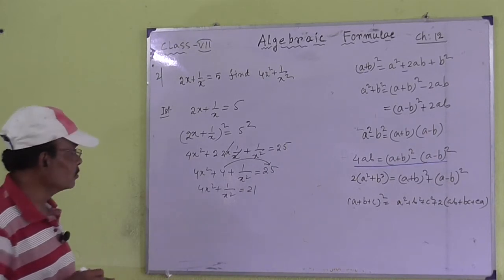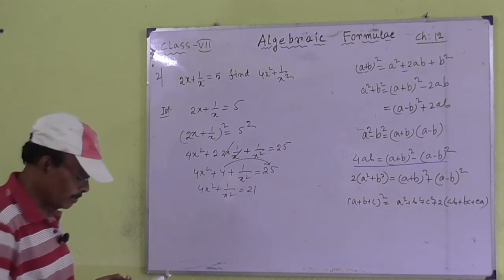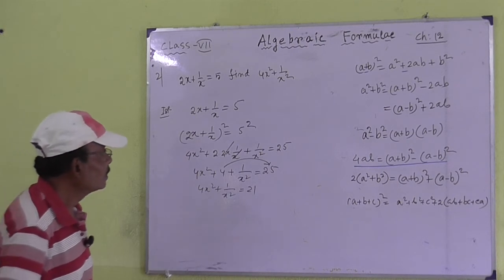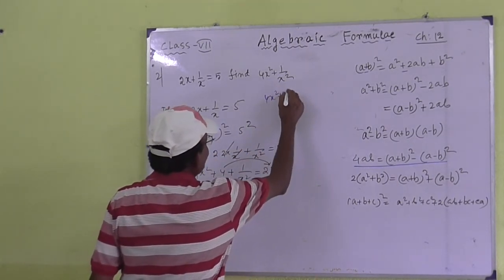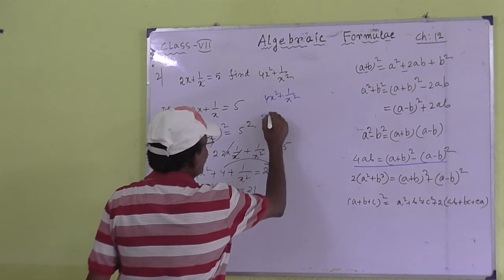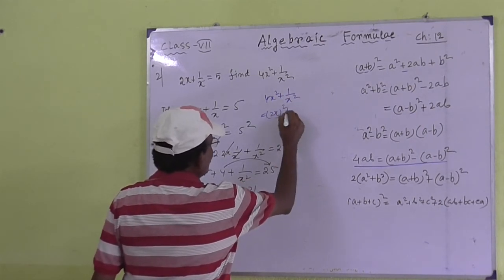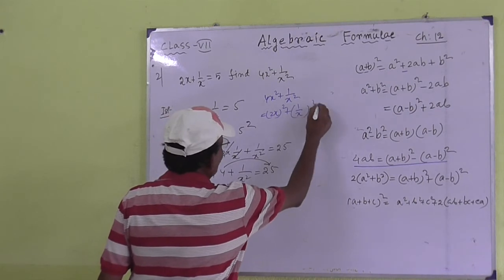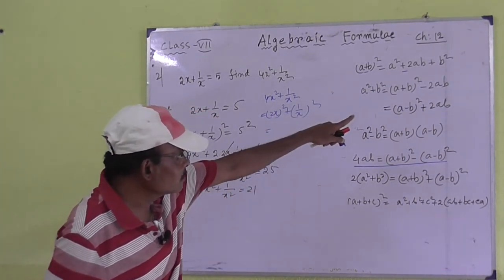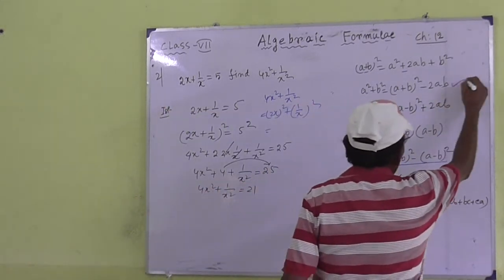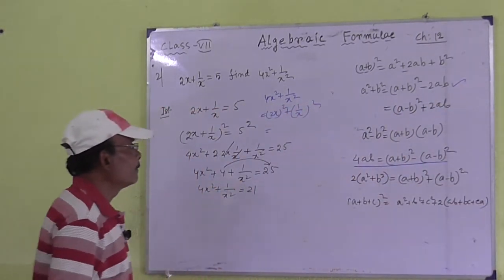The other method will be: let us write 4x square plus 1 by x square as (2x) whole square plus (1 by x) whole square. A square plus b square, what is the formula?